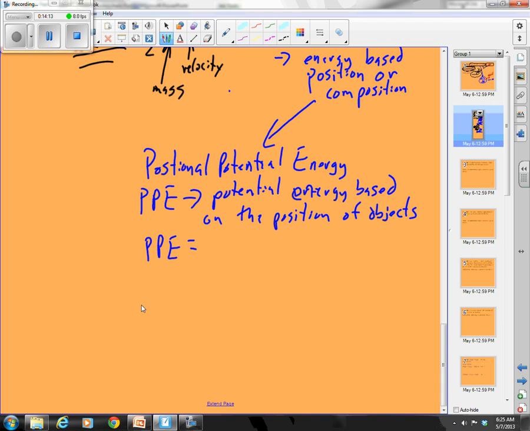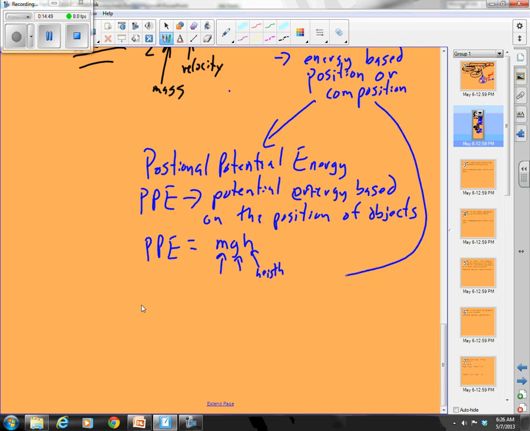Usually this has to do with gravity, so the positional potential energy is equal to mgh: the mass of my object times the gravitational constant times the distance away from the Earth, in this case height, is equal to my positional potential energy. But we don't care too much about that.